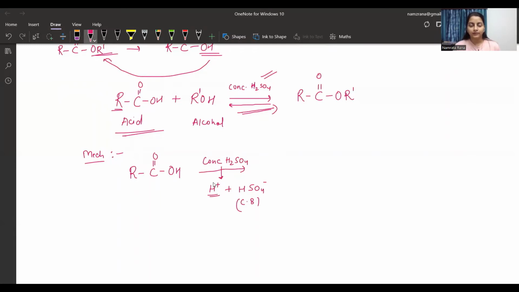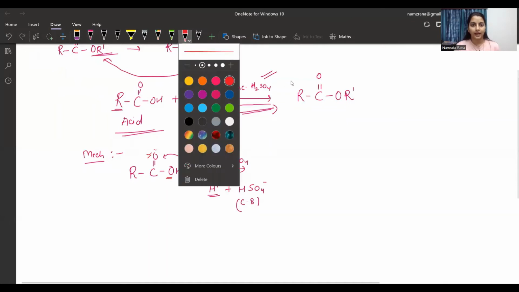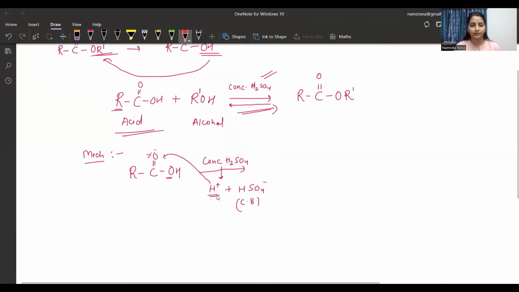This H positive is now going to connect on this oxygen atom of the carboxylic group. Remember, there are two oxygen atoms in this group. This also, and another one is this. But the acidic part of the carboxylic acid is going to attack the O of the carbonyl.